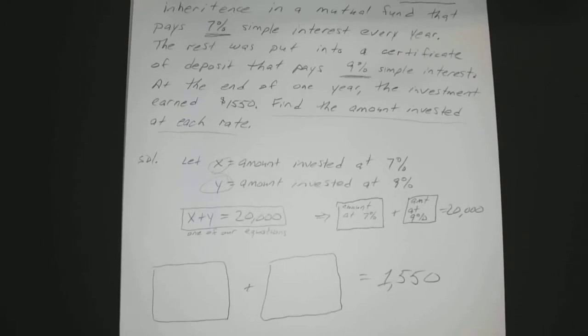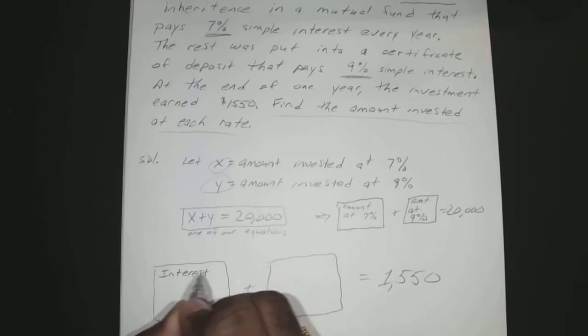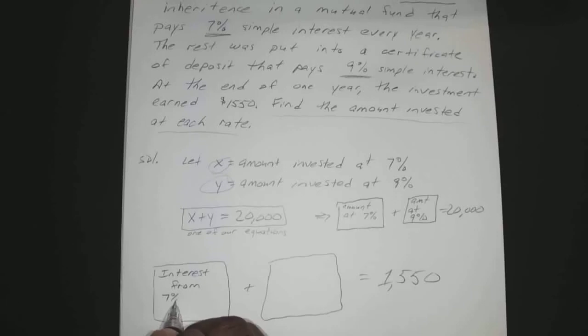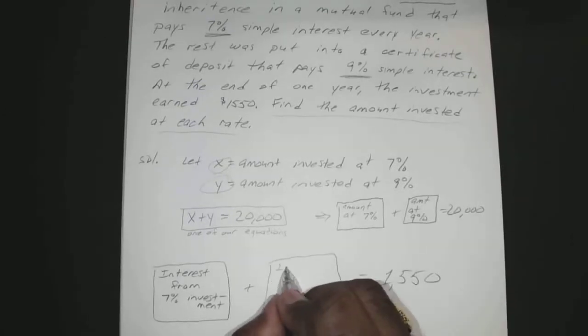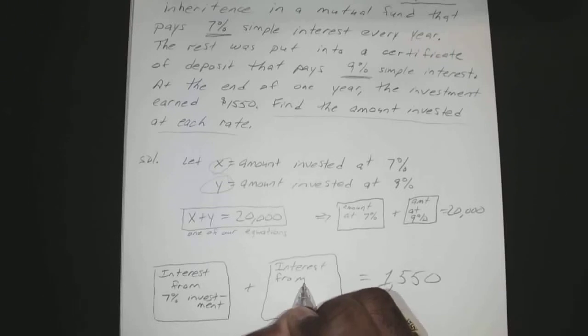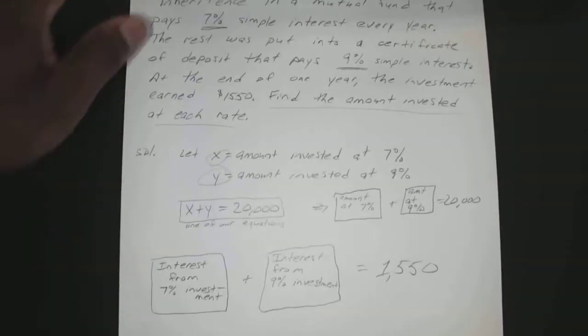That means the interest from the 7% investment, plus the interest from the 9% investment, gave us our $1,550.